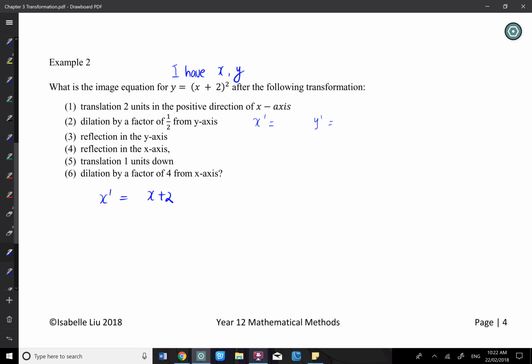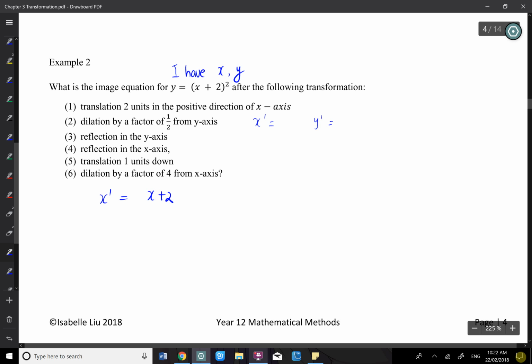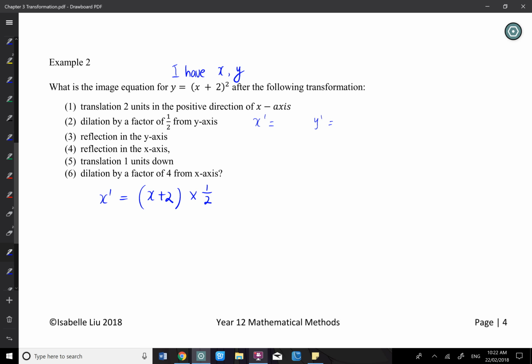But what's happening first is x plus 2, so I will bracket x plus 2 times 1 over 2. That's the dilation. That becomes your old x times by half. Your calculation order must be the same as your transformation order.